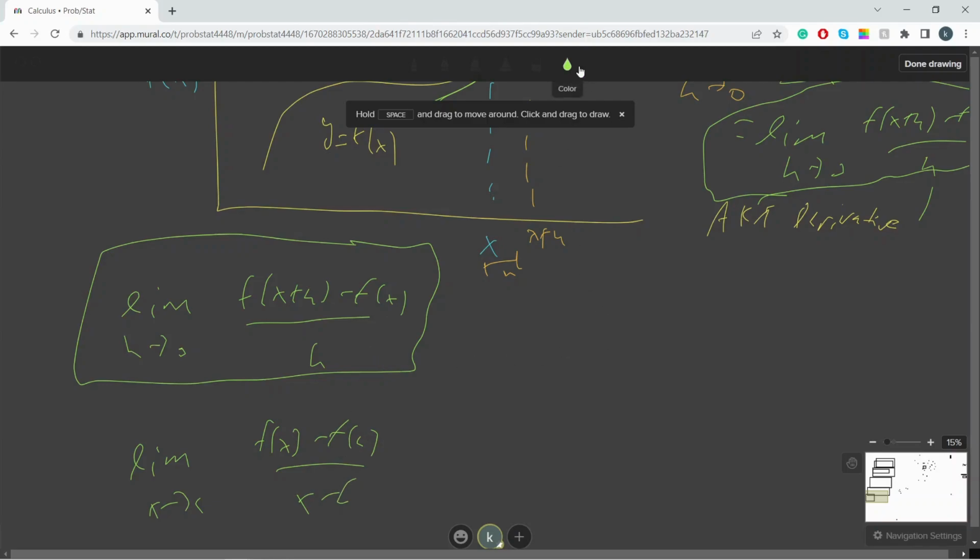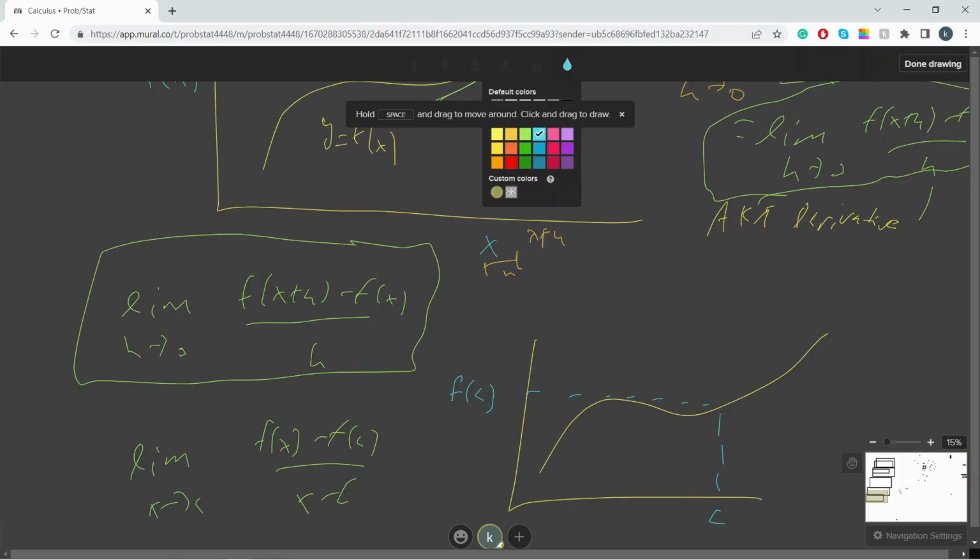Now, how are these two definitions the same? Well, it all comes down to a matter of notation. When we draw this graph and we have this function right here, we can simply call this blue point c, and this value here is going to be f of c. Then we have this second point right here.